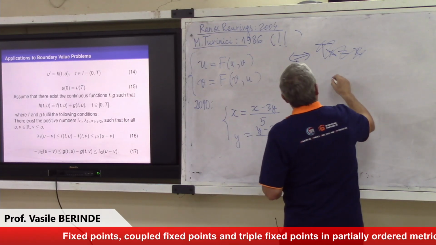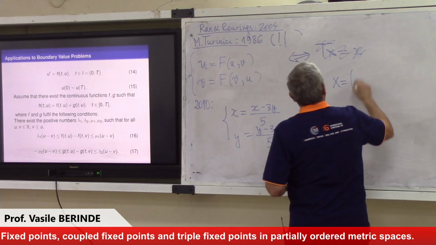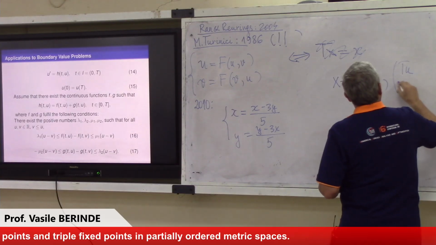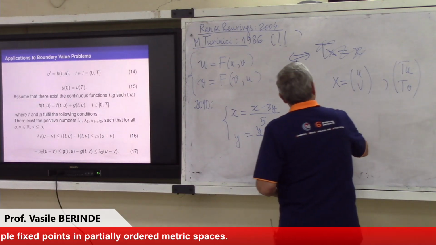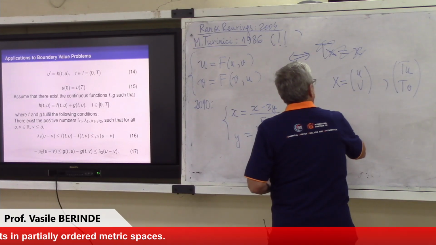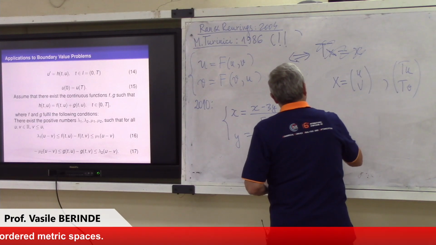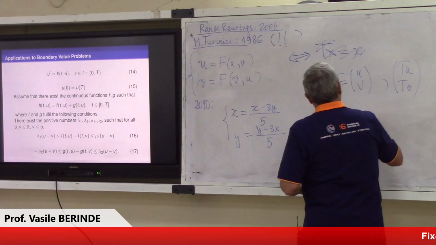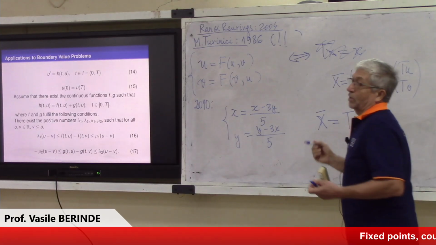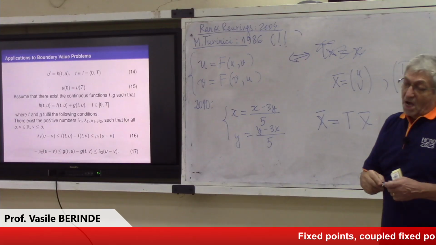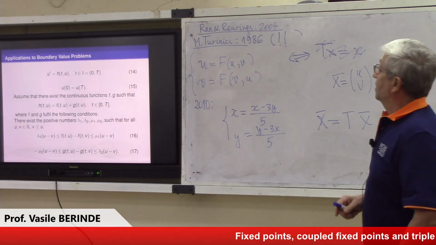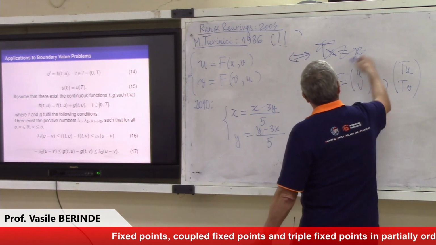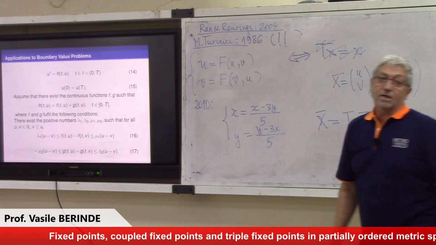Okay, I'll put x, u, v, and Tx, Tu, Tv, and I converted this into, the notation is not very good, but I converted it into a fixed point problem in this way. So I just applied the Banach fixed point theorem to this new operator, and the conclusion followed.